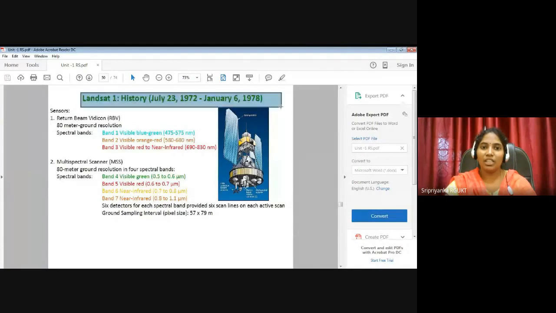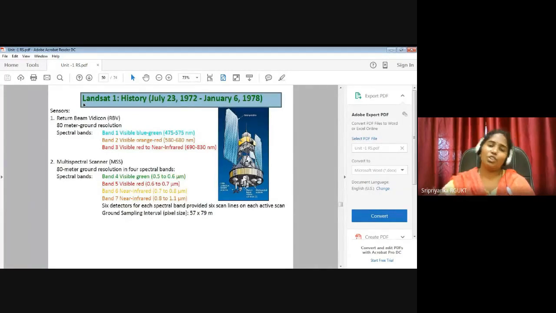Landsat 1 started on July 23rd, 1972, and it was used till 1978. What type of sensors does it have? Earlier, when I was talking to you about how remote sensing technology developed, I said they used cameras which had lenses, right?